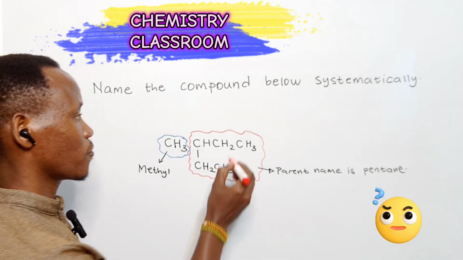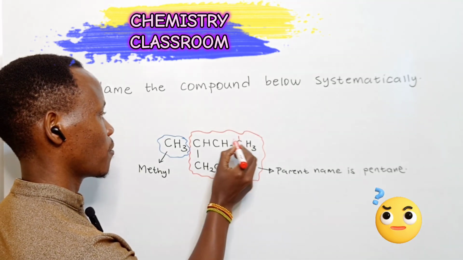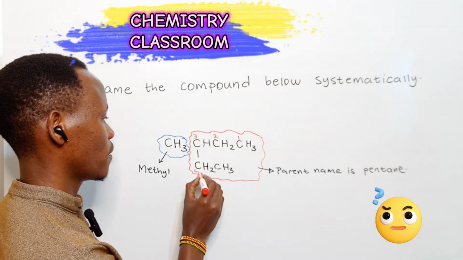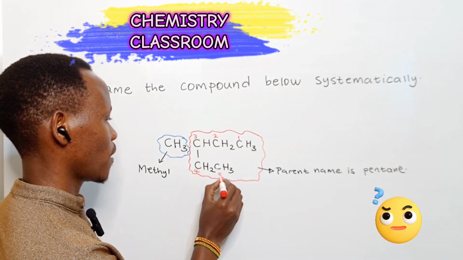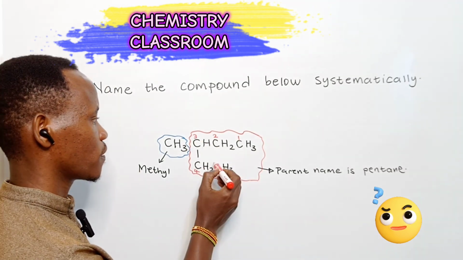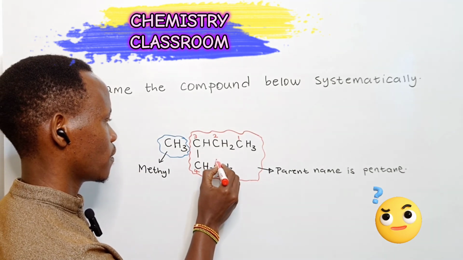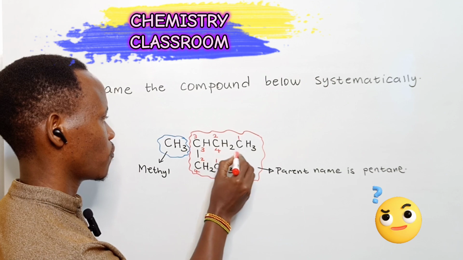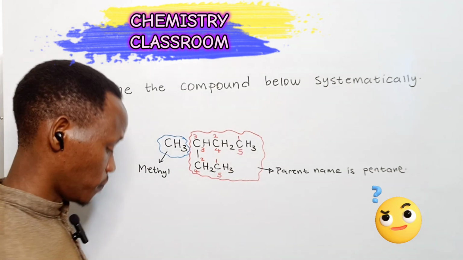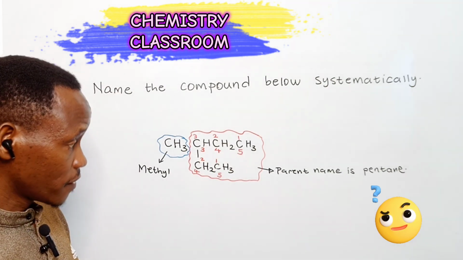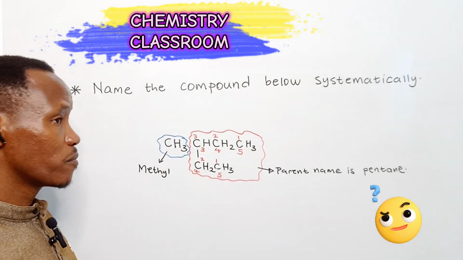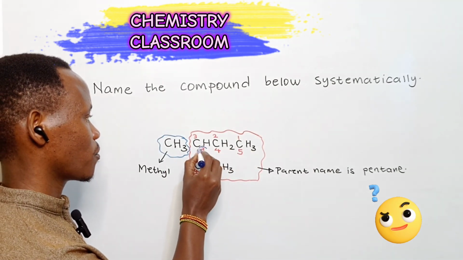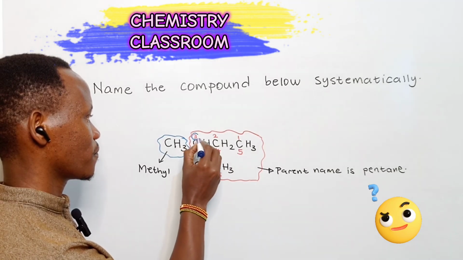So we start from this side. This can be carbon number 1, this is number 2, number 3, number 4, and number 5. Also starting from here, this is number 1, number 2, number 3, number 4, and number 5. Now you realize that the methyl group, which is our substituent, in either way is on position number 3.